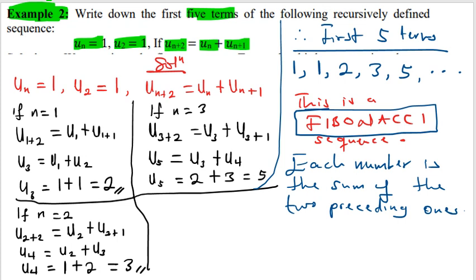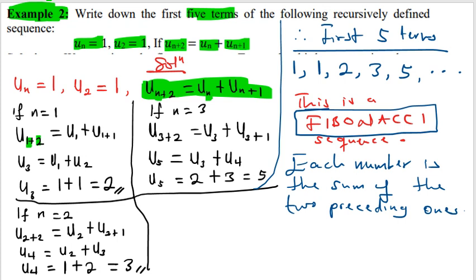We will start with n is equal to 1. If n is equal to 1, what we are going to do is that we substitute it into this formula. We are substituting every value into this. So if n is equal to 1, n here is going to be 1, so we have u(1+2), then there is another n here, so we will put 1 there, u1 plus u(1+1), and that gives you u1 plus u2. So u3 should be equal to u1 plus u2.